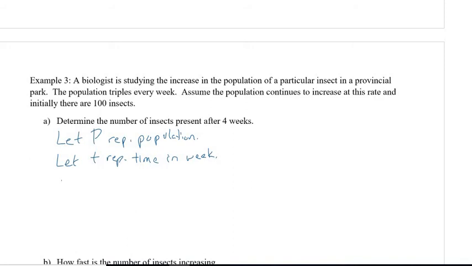So if that's the case, we can set up our equation. P of t is equal to, our initial value is 100, so it's going to be 100. And then we said triples, so we're going to worry about the tripling rates. So our growth rate is 3, and it's going to be to the power of t.